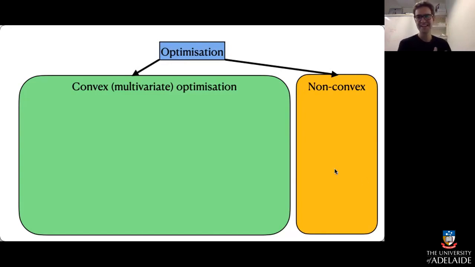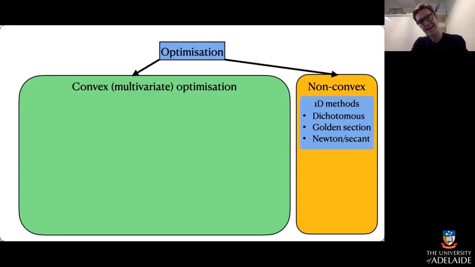So to start at the end and at the beginning, with non-convex optimization, a subtle point that it's good to bring out now is that the 1D methods that we talked about right at the start of the course, our dichotomous and golden section searches in particular, were actually non-convex optimization methods, right? All that we demanded about cost functions there was that they're unimodal, so not necessarily convex functions.